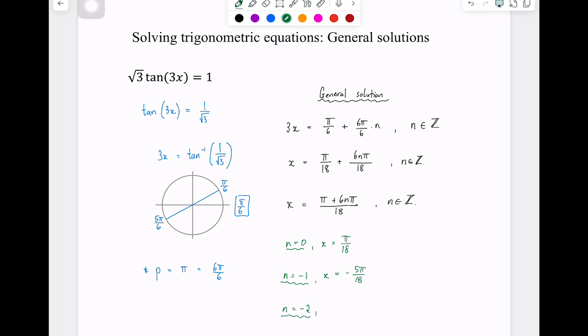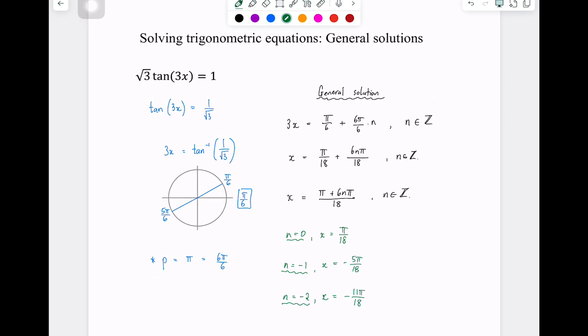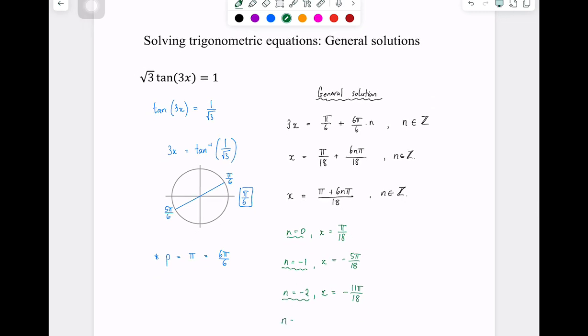Let's see our second negative solution. If n is equal to -2, this term here becomes -12 pi. Negative 12 plus 1 is negative 11 pi on 18. And last but not least, for our third negative solution, if we let n equal negative 3, we get negative 18 pi.